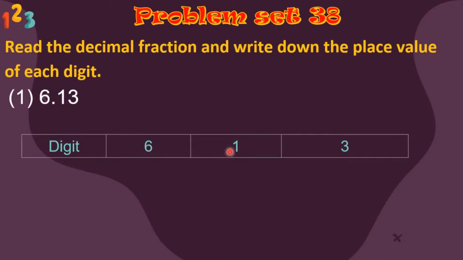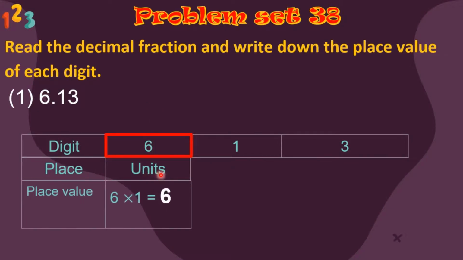So first let us write the place and the place value of the whole number part of this decimal fraction, that is 6. The place of 6 is the units place, and as the units place has value one, we write the place value of 6 as 6 into 1, which is equal to 6.